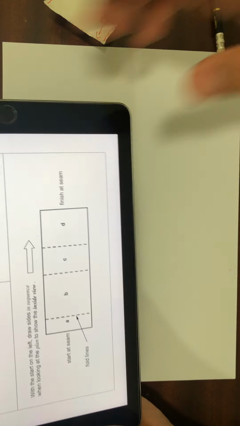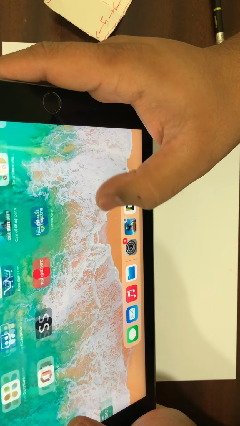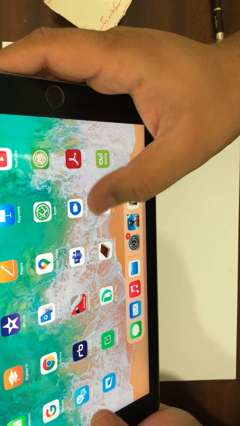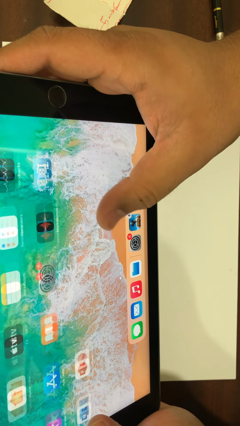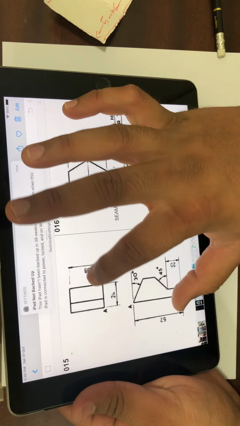Okay, now let's see a figure. So this is sheet number 15.